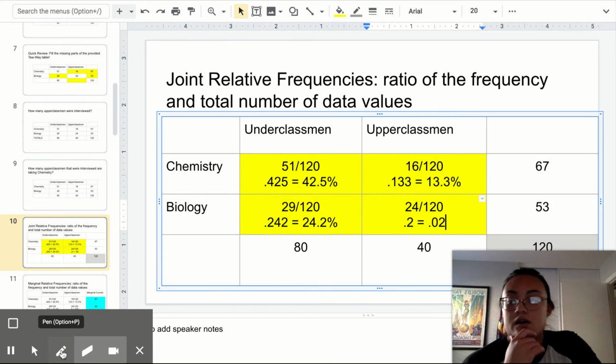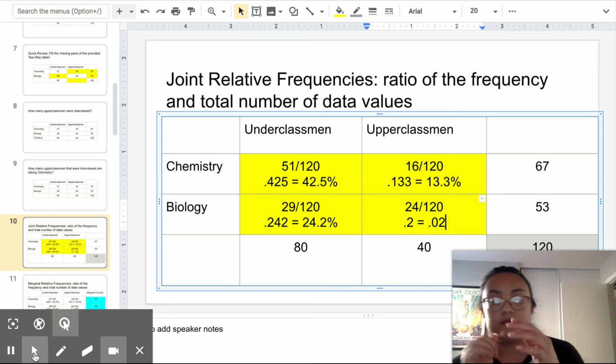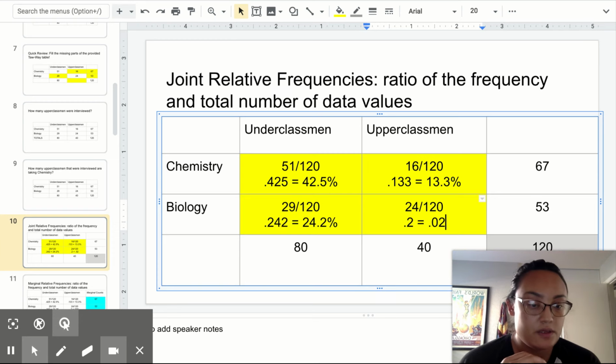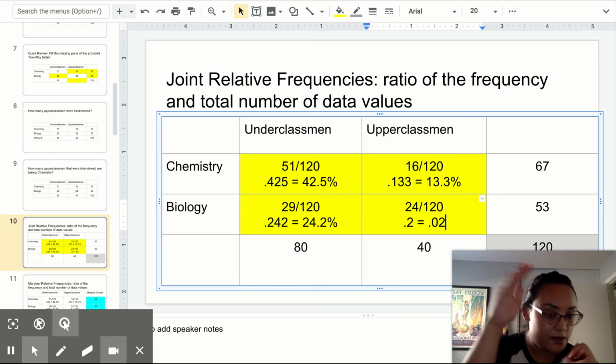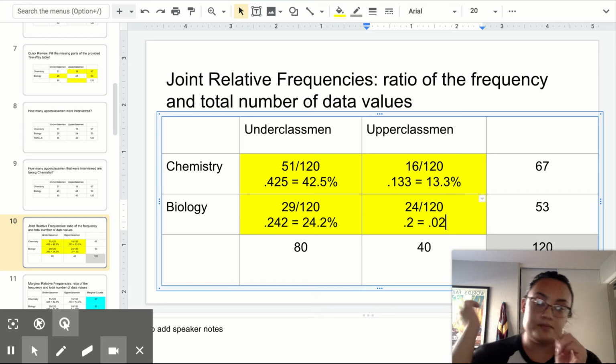Again, that's all it really is for the joint relative frequency. If we ask you to calculate the joint relative frequencies, all you're going to do is take all those yellow guys, all those bad boys in the middle, and divide them by that total.